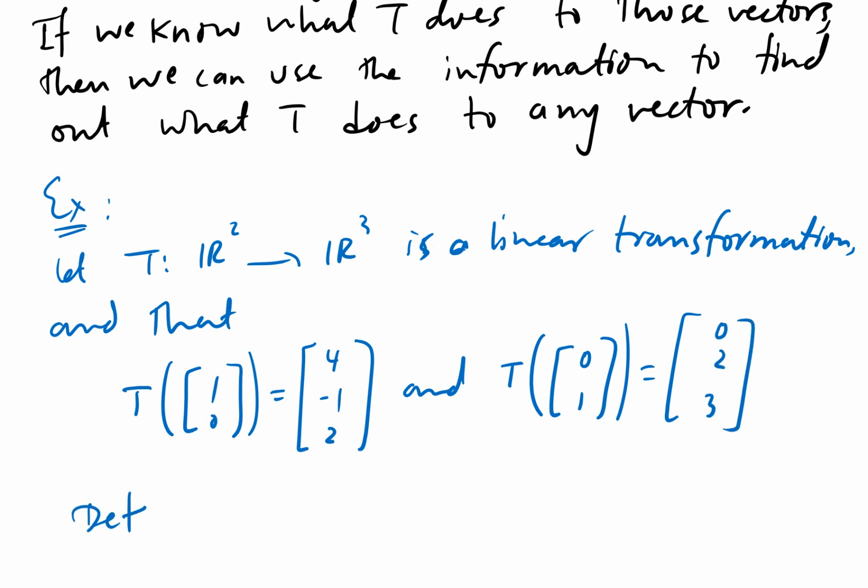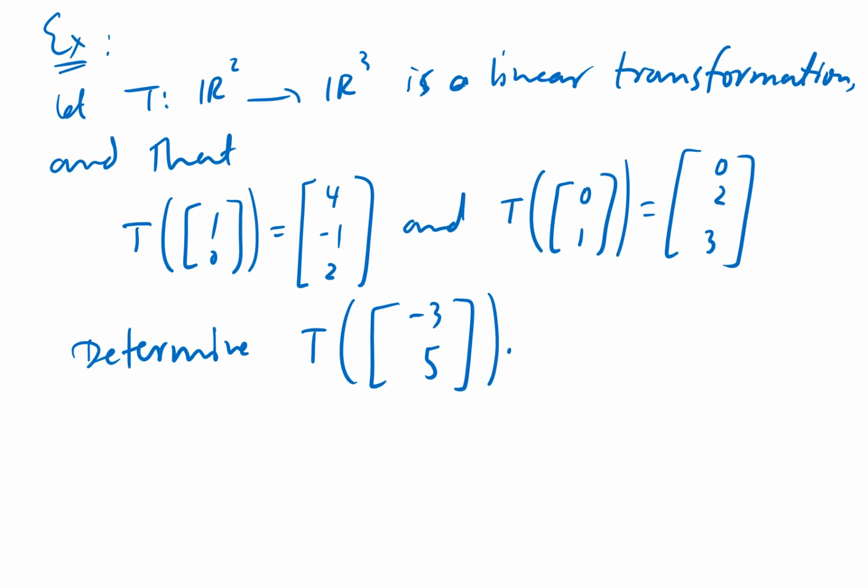We would like to determine T(-3, 5). So what this is saying is T maps the unit vector (1, 0) into (4, -1, 2), and it maps (0, 1) into (0, 2, 3). They want us to find T(-3, 5).